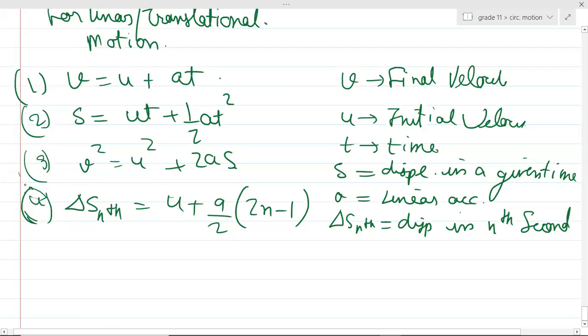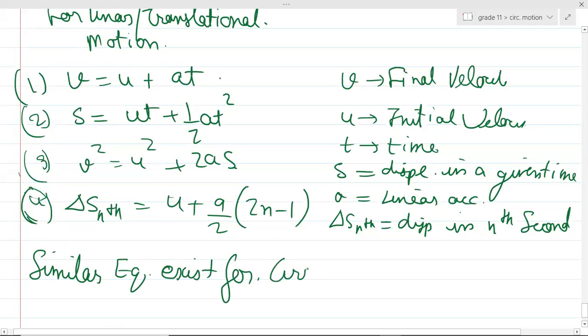After this, similar equations exist for circular motion as well.